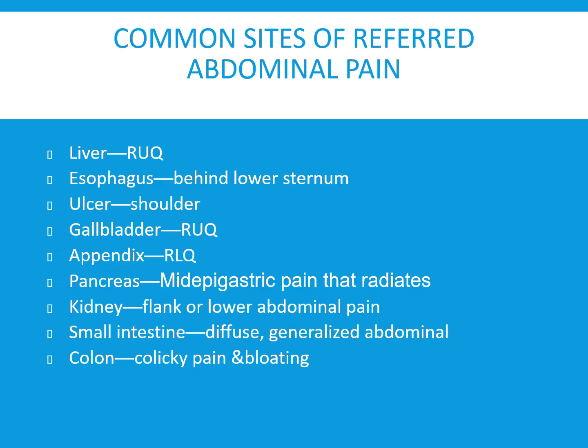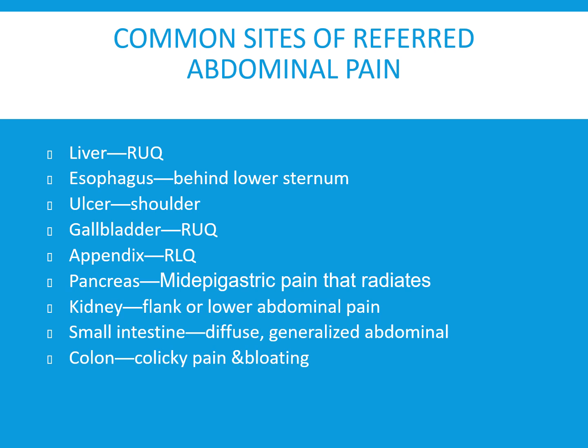Common sites of referred abdominal pain. So the liver refers to the right upper quadrant. With the esophagus, they're having esophageal pain. They may have pain behind the lower sternum, so it might feel like chest pain. Ulcers can present as chest pain as well and up into the shoulder. Gallbladder, they will have pain in the right upper quadrant.